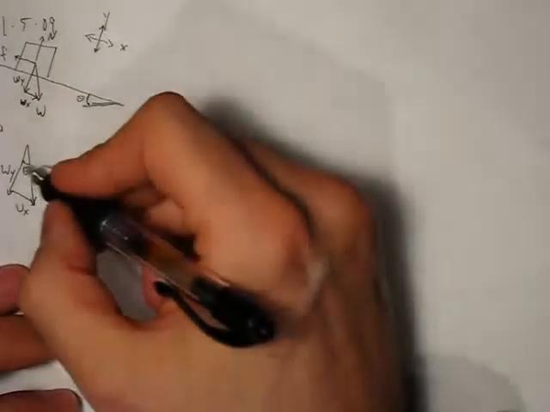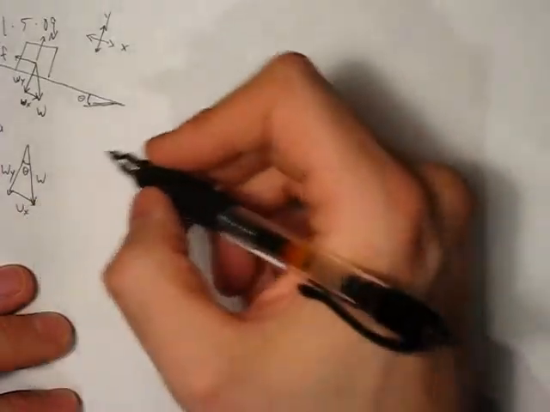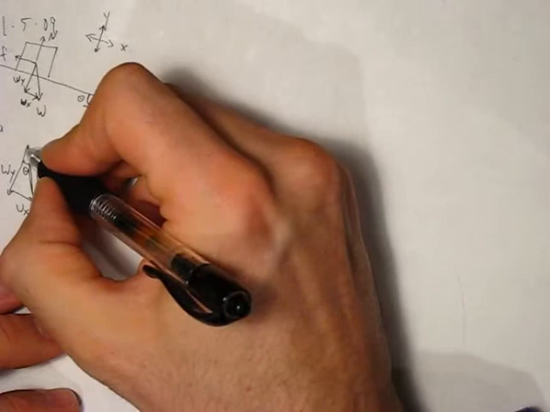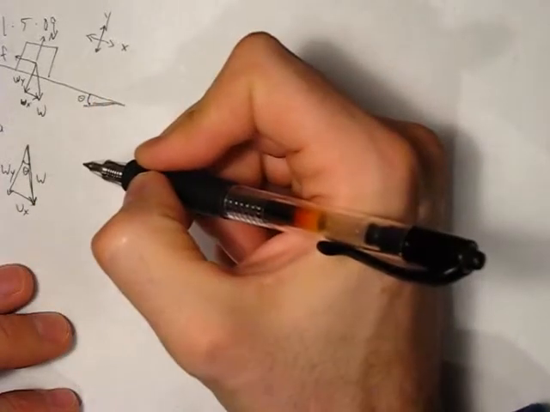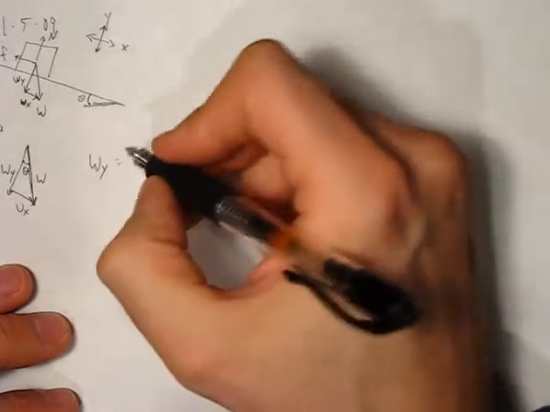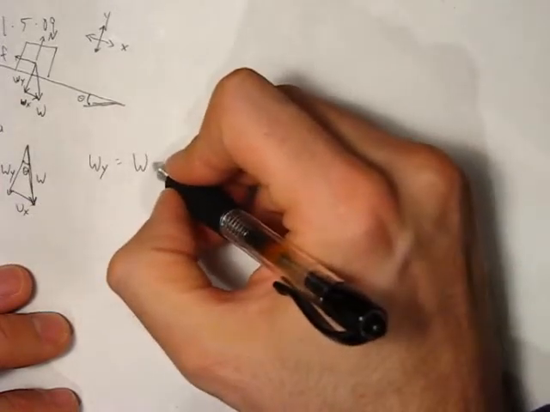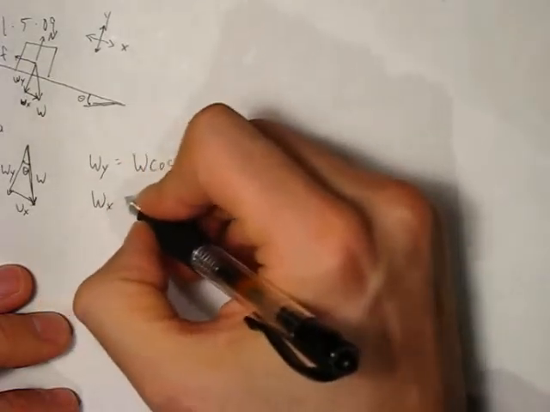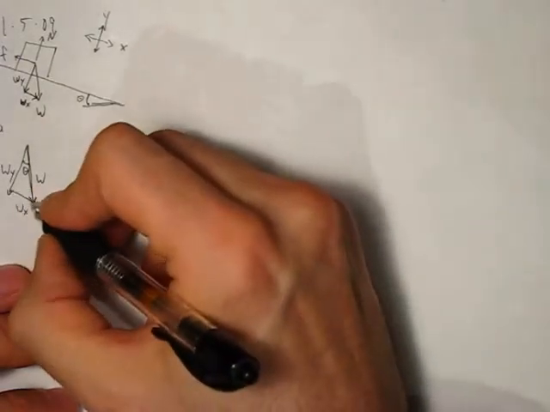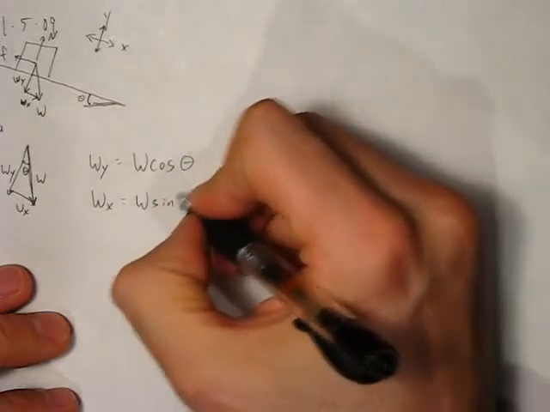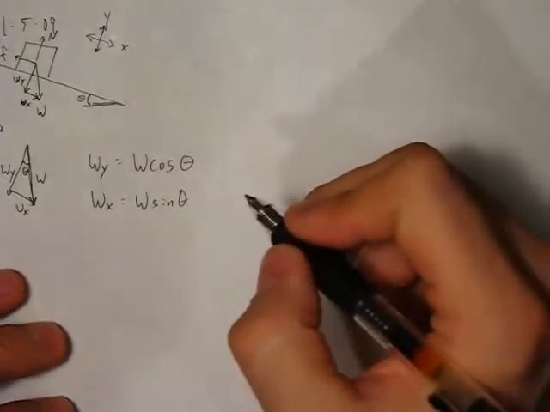So knowing that angle, we can work through and figure out that if this is the hypotenuse, then this is the adjacent side to that angle. So Wy is going to be equal to W times the cosine of theta, and Wx, since it is the opposite side from where that angle is, is going to be W times the sine of theta.